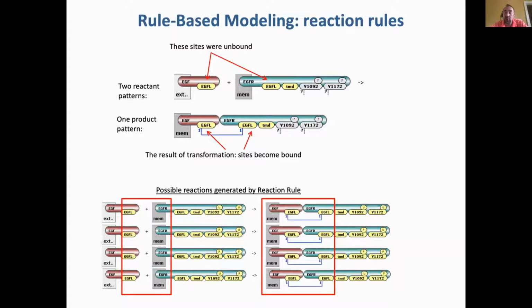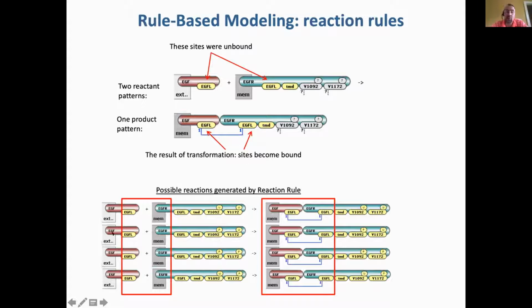What rule-based modeling actually tells you is that there are certain features of molecules that you use to define an interaction. For example, if you have a ligand and a receptor, and the ligand and receptor each have an unbound site, then they can bind, and nothing else. It's like you talk in plain language.